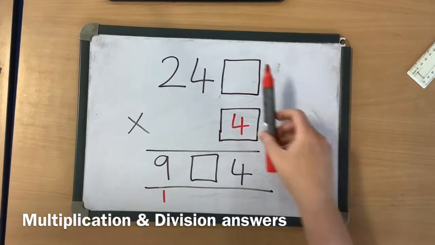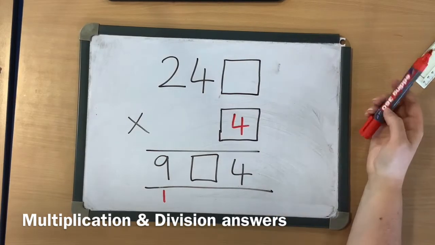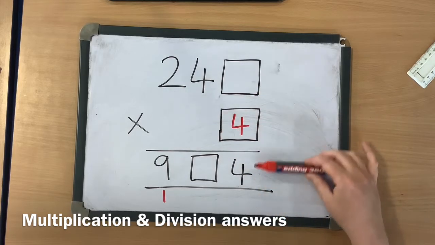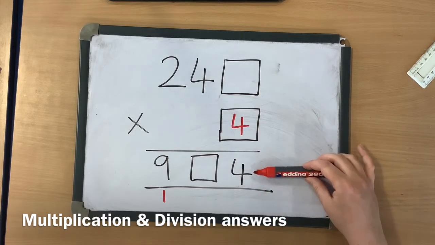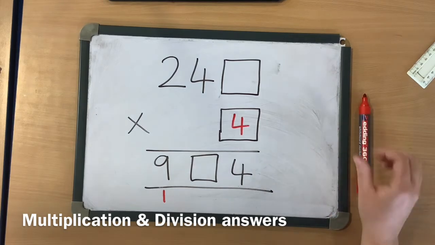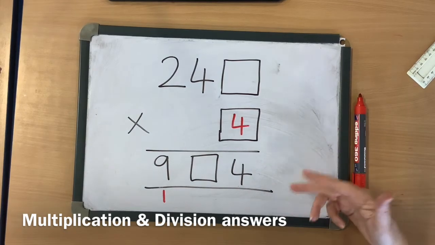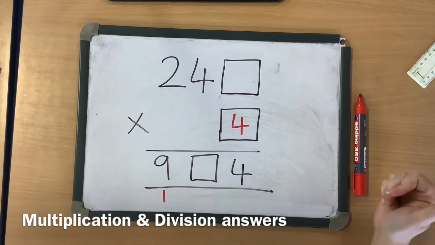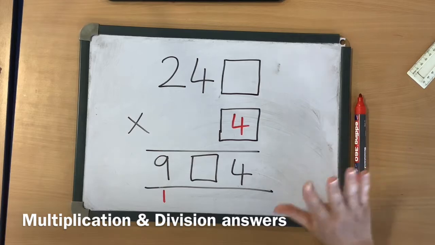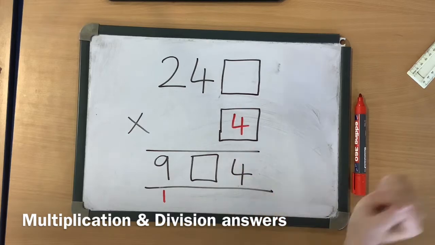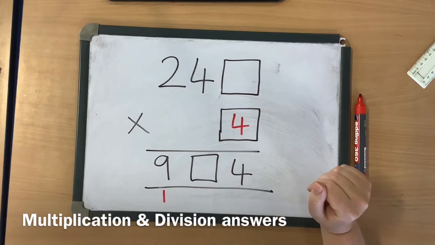I can then go back and start looking at my ones. So I've got something times 4 equals 4. I can think about my 4 times table: 4, 8, 12, 16, 20, 24, 28, 32. It's 2 times when 4 comes up in the 4 times table.